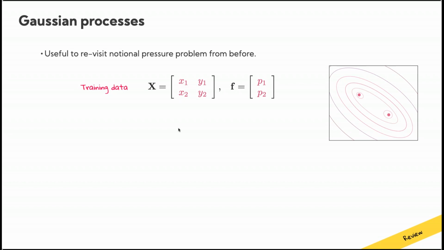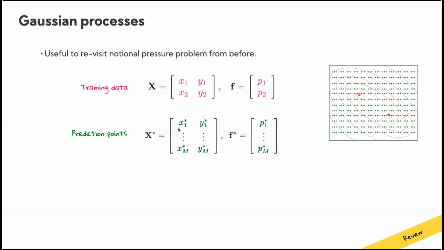Okay, we're going to stick with the same example as before, just because it's relatively simple and it's two-dimensional, right? So we effectively have pressure values that are coming from two sensors that we place within this control volume, and we define this in terms of a training data set. So x would basically be the two coordinates, so x1, y1, and x2, y2, and then f would be the means of those two pressure values.